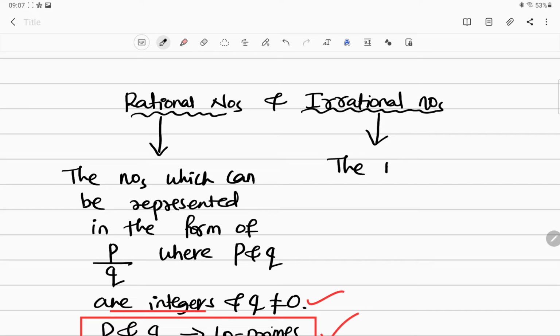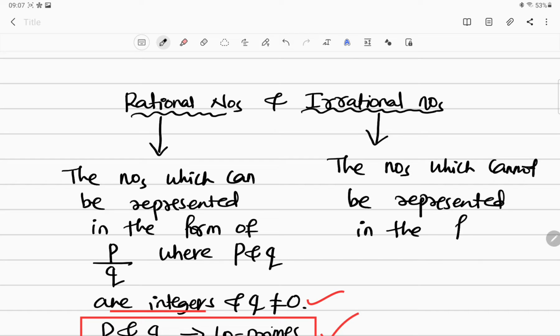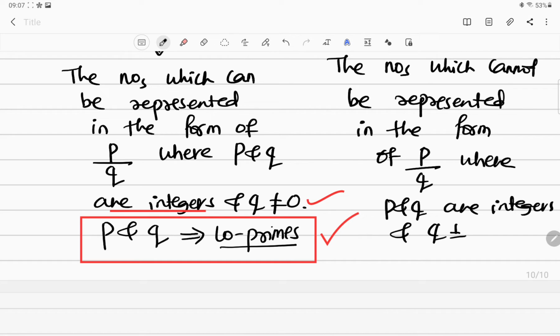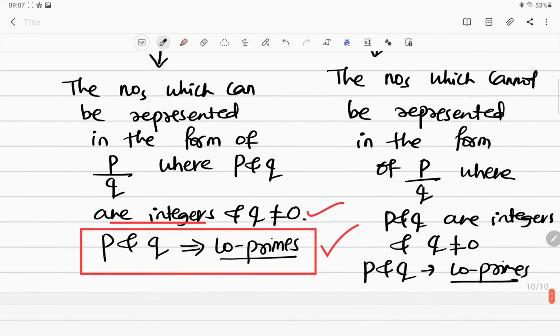Irrational numbers are the numbers which cannot be represented in the form of p by q, where p and q are integers, q is not equal to 0, and p and q are co-primes. That will also come. There is no doubt in that.